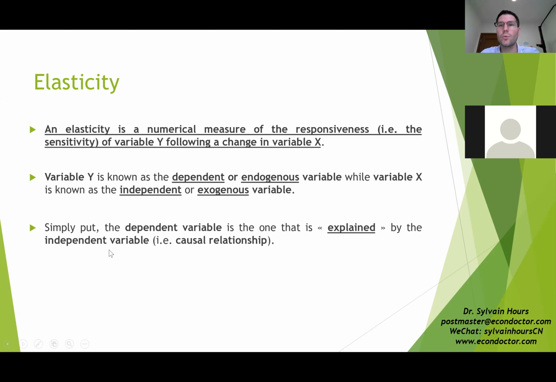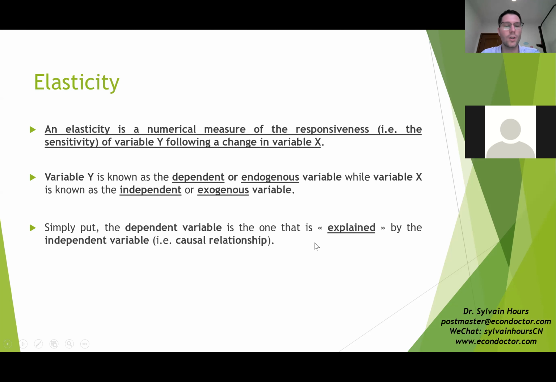Well, of course, you can't really say that it's the quantity demanded that explains the price. Okay, it is the price that explains the quantity demanded. So in that case, the price would be the independent variable, and the quantity demanded would be the dependent variable, the explained variable.